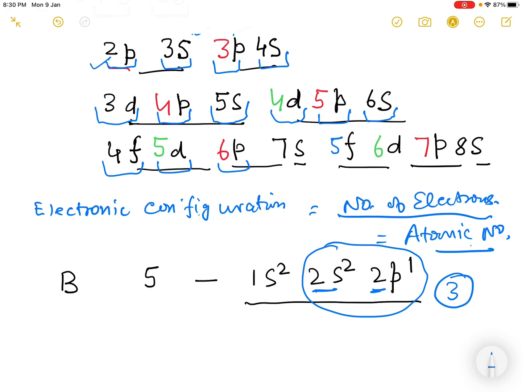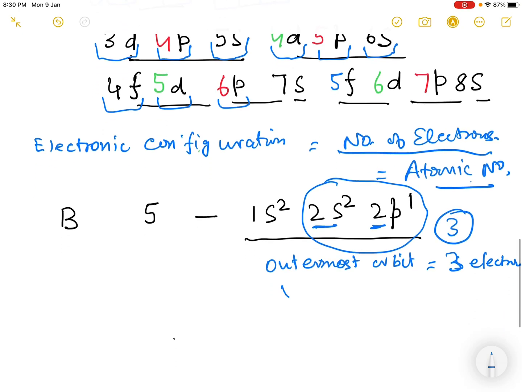So we say that in the outermost orbit of boron there are 3 electrons. Okay. And what are the valency electrons?